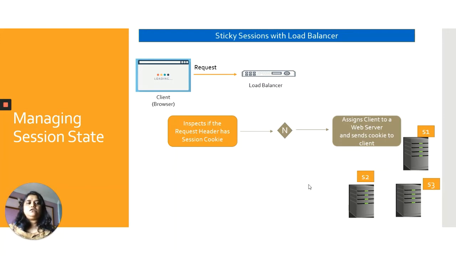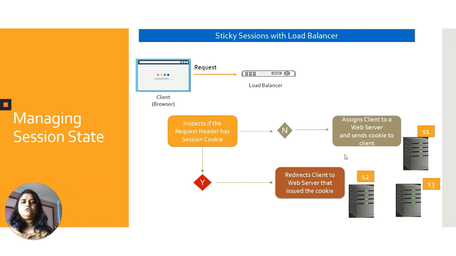In that case, the load balancer will assign the client to a web server, and the server will issue a cookie which is sent back to the client. Now suppose this user sends another request, so there is some session data here. In that case, the load balancer will find the session cookie in the request header, so it will redirect the client to the web server that issued the cookie.